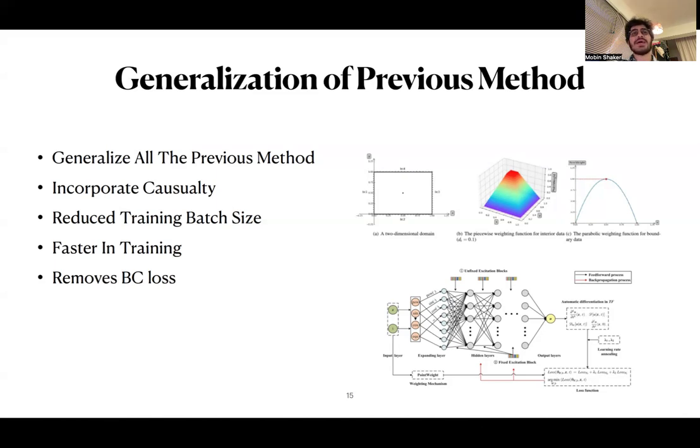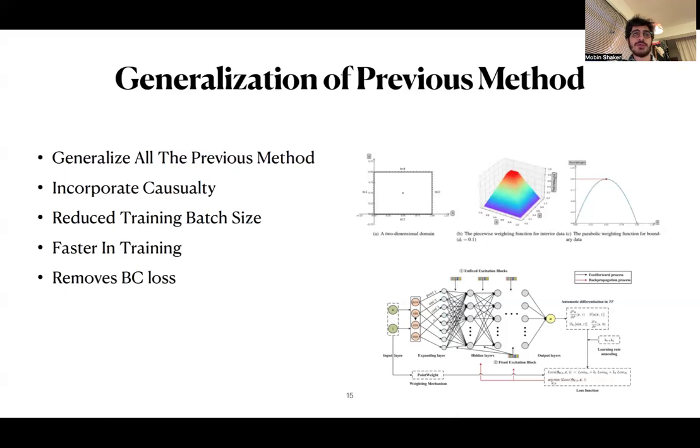Now, by having an exact BC and a causal temporal field, we automatically solve this issue as well because we are, in a sense, passing the network through this already.